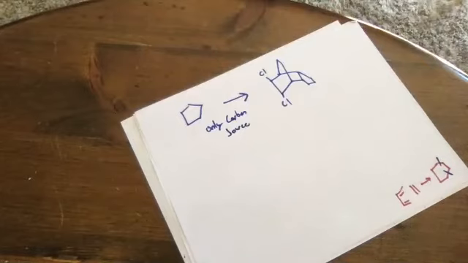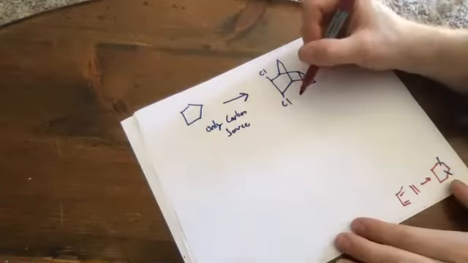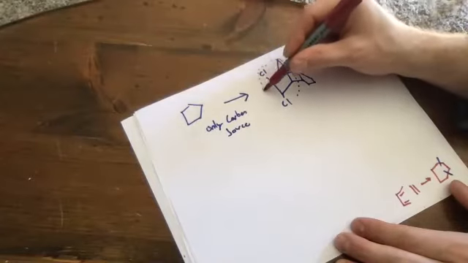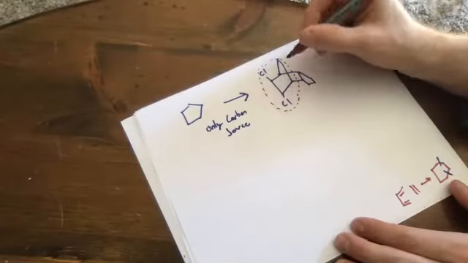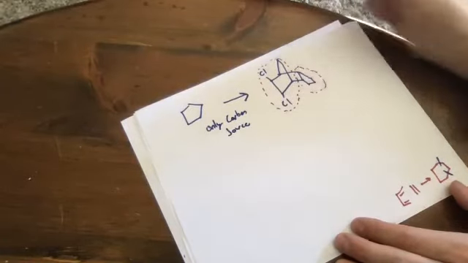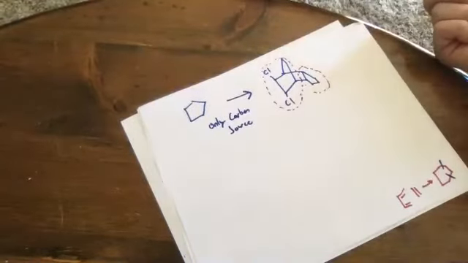If I know I have a 5-membered ring as my only carbon source, that means I'm looking for 5-membered rings. I've got a 5-membered ring here. I've got a 5-membered ring here. That's probably the two things I'm bringing together to do this.